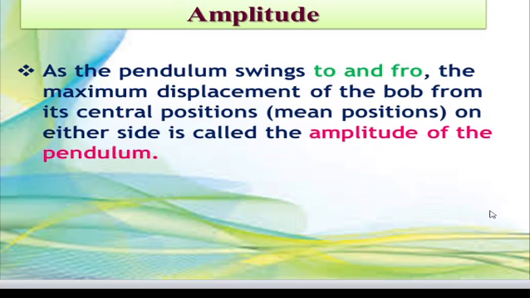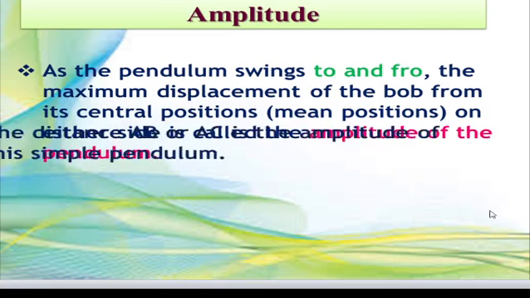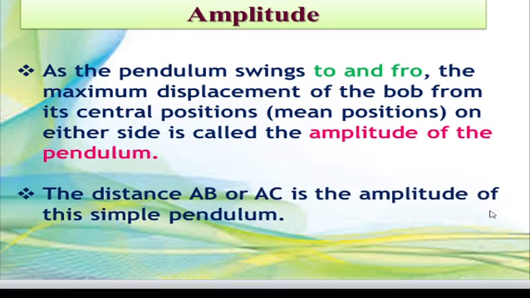From A, we move to either side, B or C, that is the extreme position. The distance from the mean position to the extreme position is called amplitude. The distance AB or AC is the amplitude of the simple pendulum.